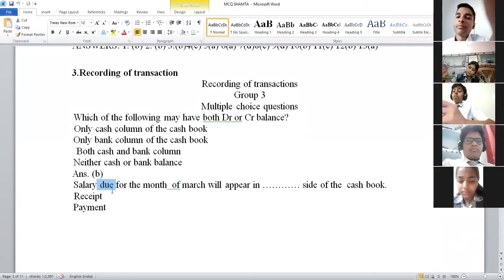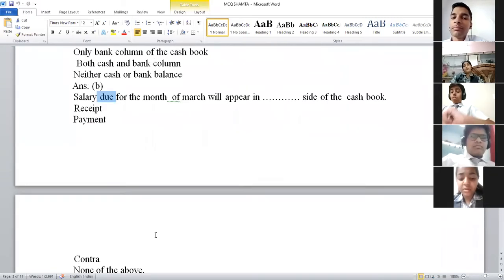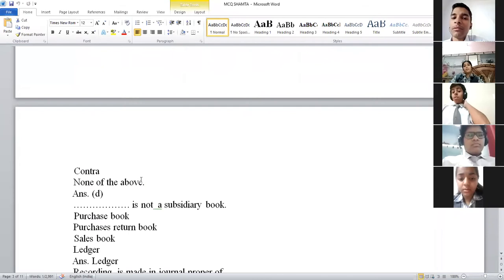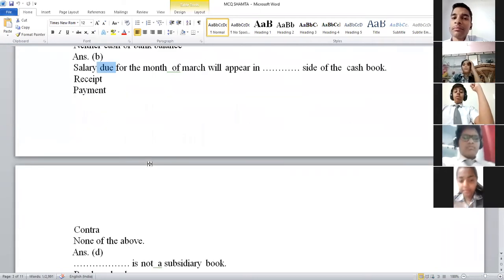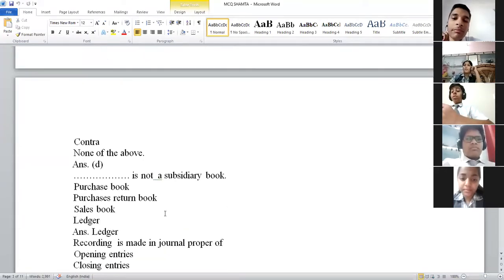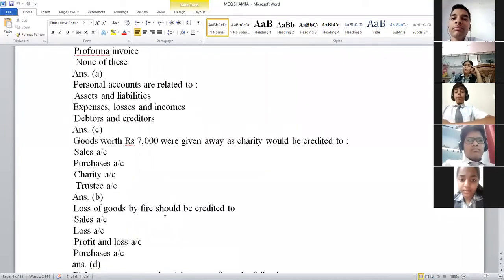Yes, Akshi. What will be your answer, beta? That is none. None, because that is due, not paid, and I told you in the cash book you will write only those transactions which are paid in cash or which are received in cash.